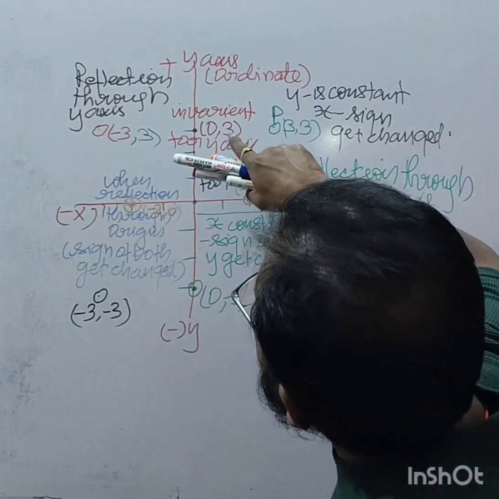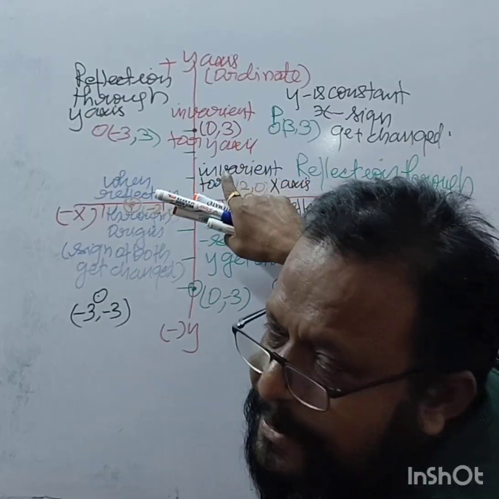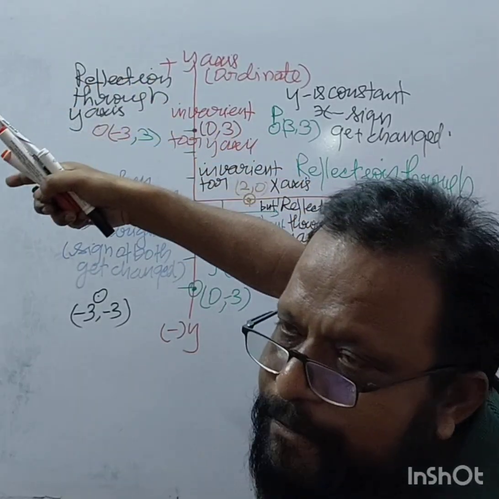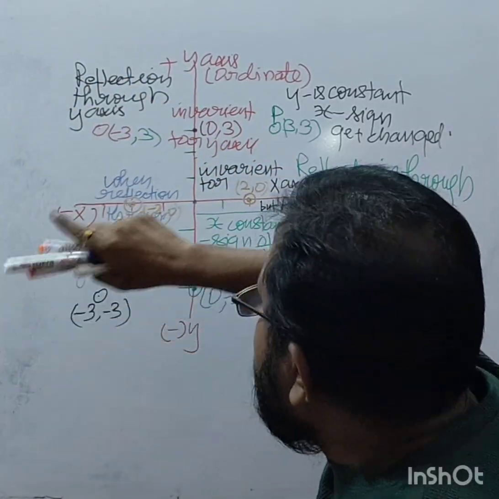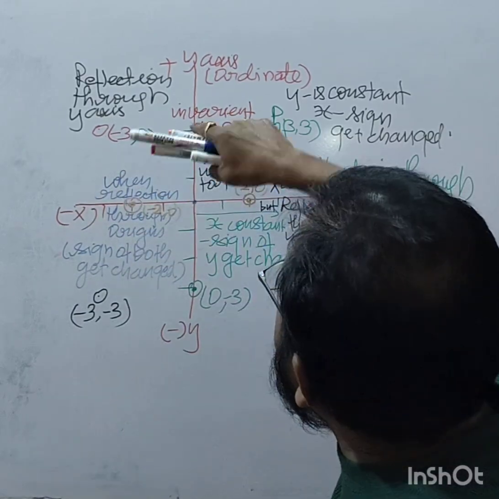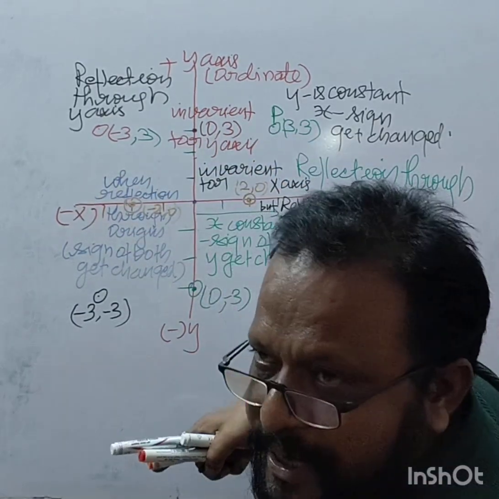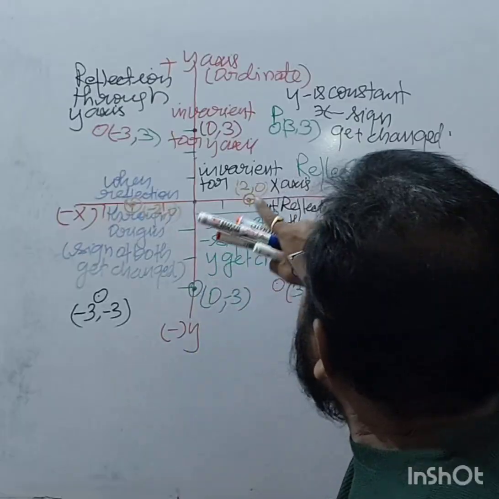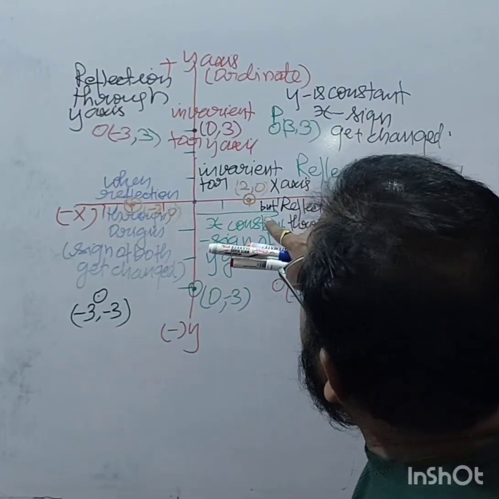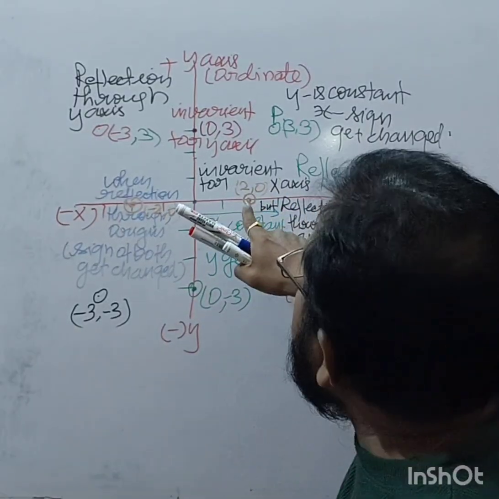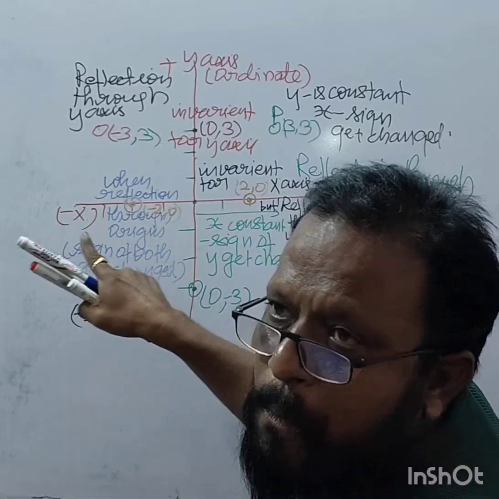So this is invariant for the y-axis, it does not mean it is invariant for the x-axis also. It is invariant for the y-axis, but it has reflection in the x-axis. This point is invariant for the x-axis, but has reflection with the y-axis.